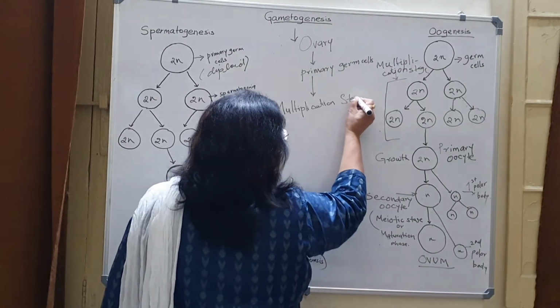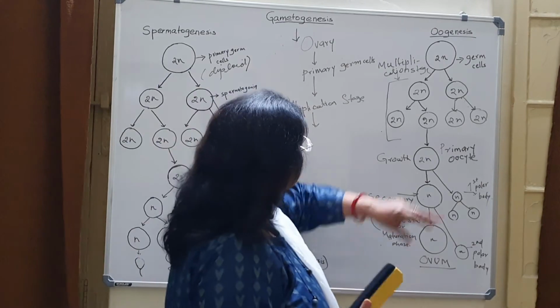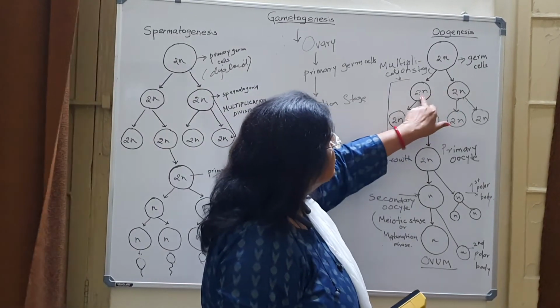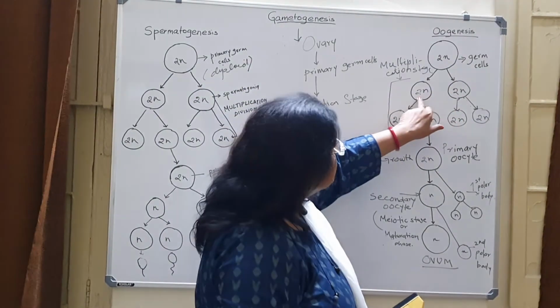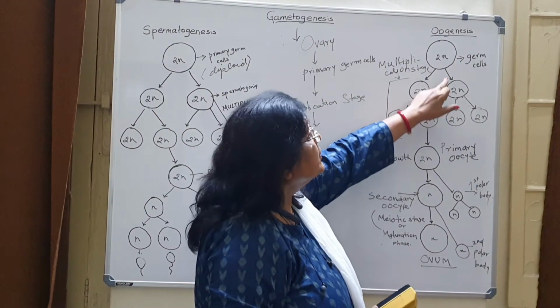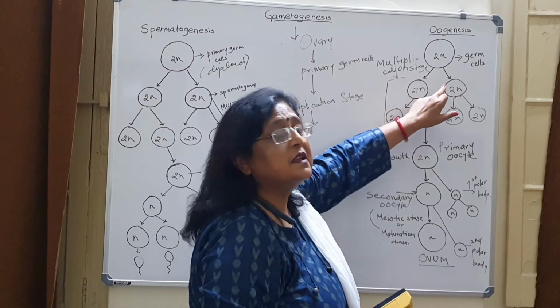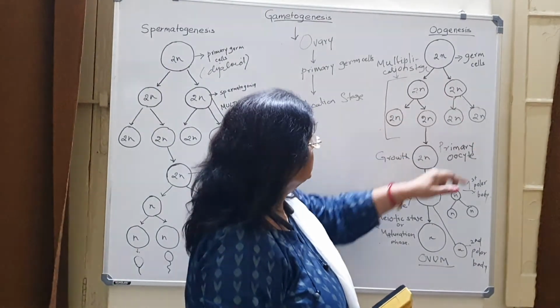As a result of multiplication, as we can see, two daughter cells are produced. Now these daughter cells have the same number of chromosomes, which means it is an equational division. The number of chromosomes remains the same in the process of mitosis.